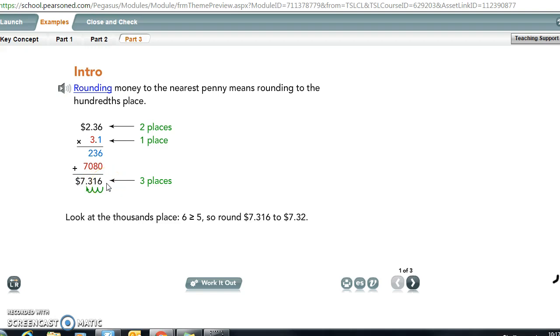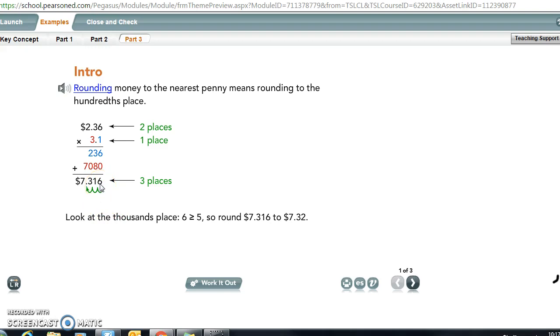Well, here in America, we don't have that third spot for our coins. We have 31 cents. So they're saying we have to round to the nearest penny. The nearest penny would be right here because we have 31 cents, right? So they're going to ask you to look at the thousandths place. That's the 6, and 6 is greater than 5.